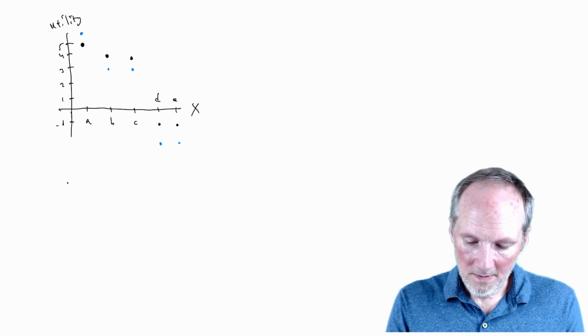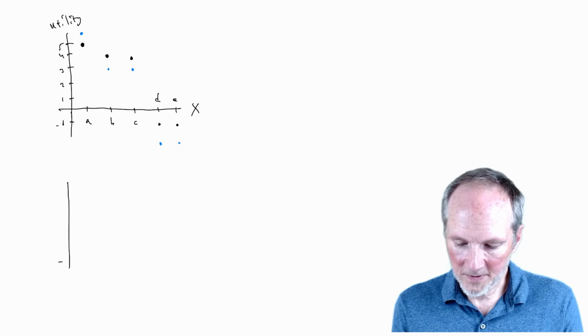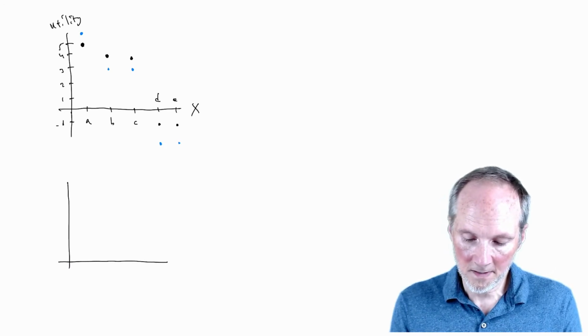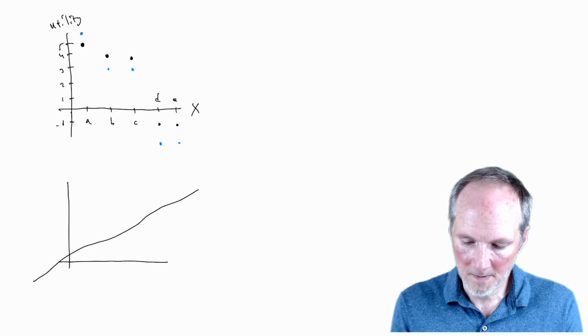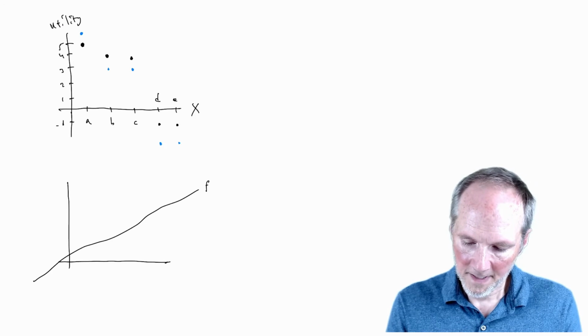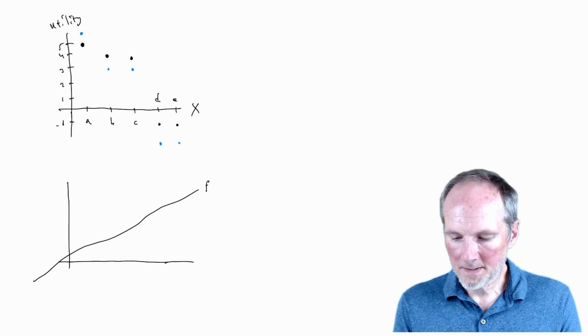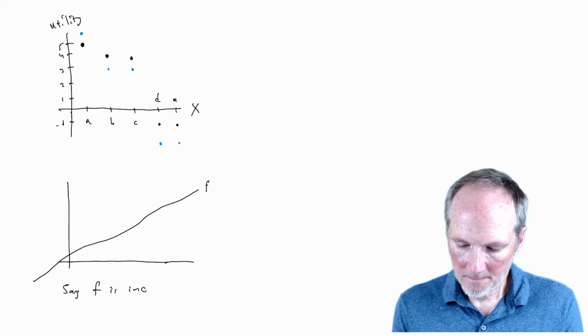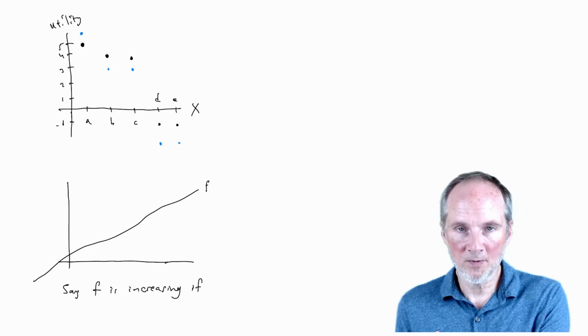So let me introduce an idea here. For this, I'm going to take a function that's defined on the real line. Let's call it f. And we'll say that f is increasing if the graph looks like this, so it's sloping upward.